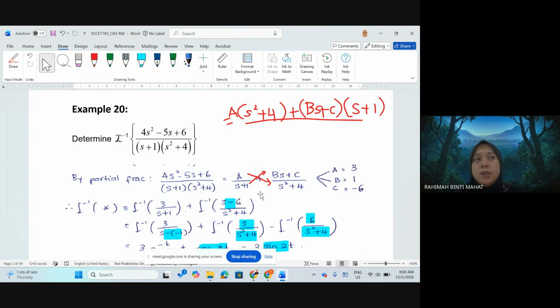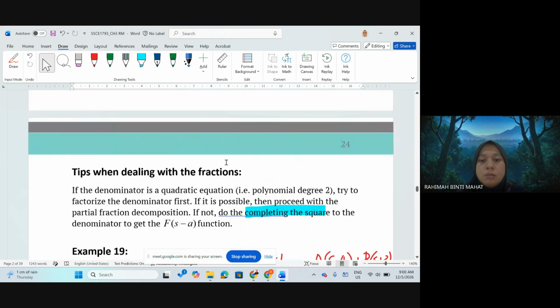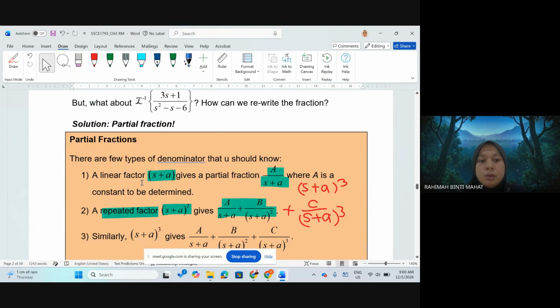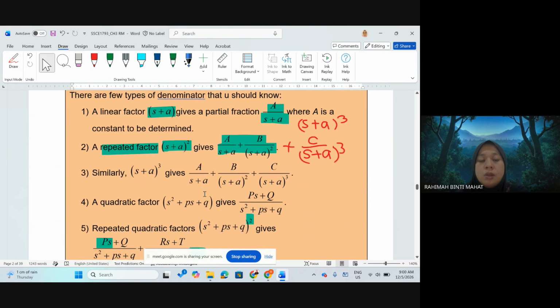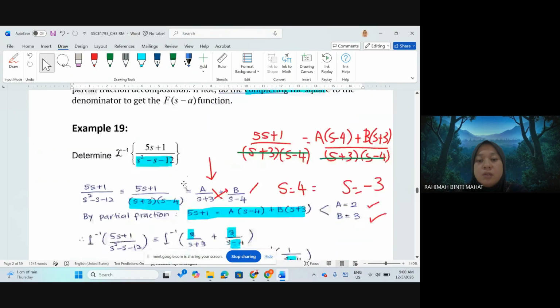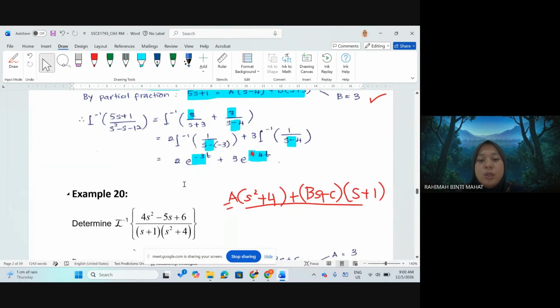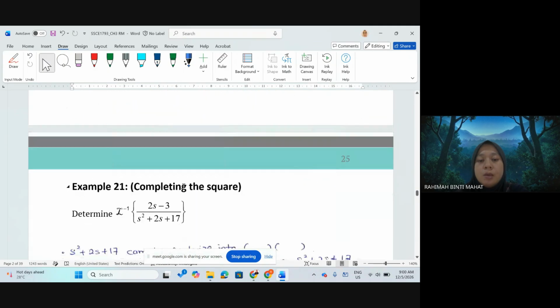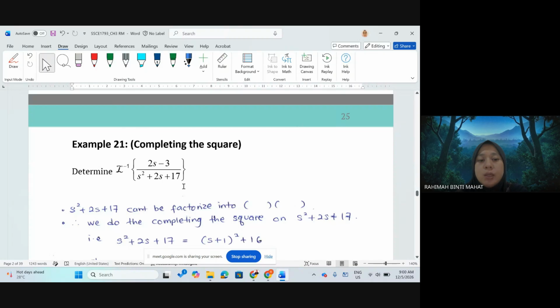The second is by using the few types of partial fraction that you should know. And the last one is by using completing the square. This is example 21, by using completing the square.